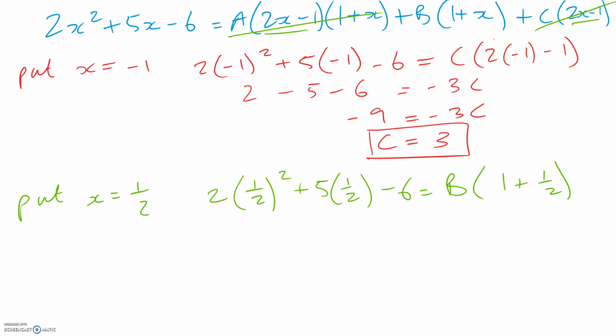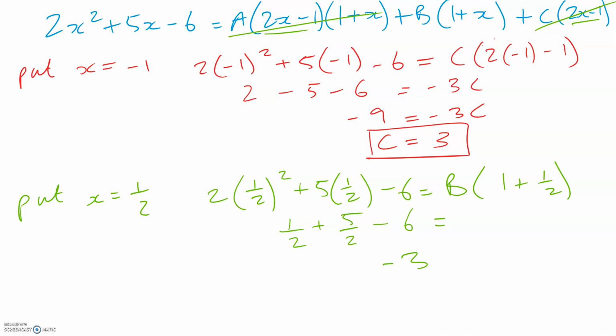That will give us, what's that? A half squared is a quarter, times 2 is a half, plus 5 over 2 minus 6. So that will give us 6 over 2, which is 3, minus 6. 3 minus 6 is minus 3.